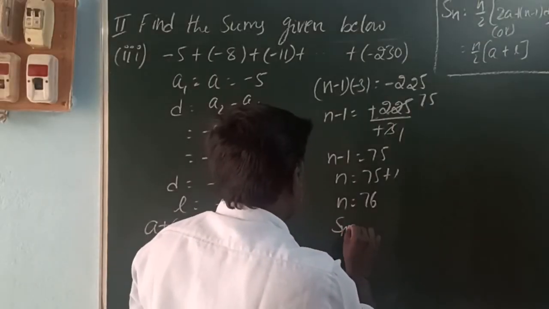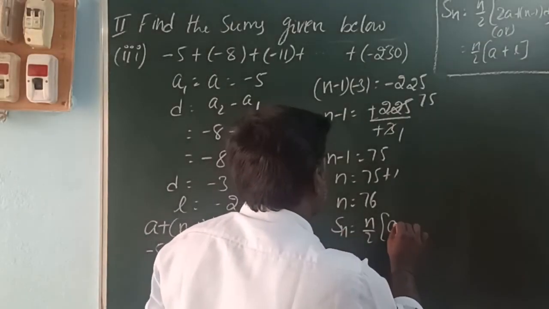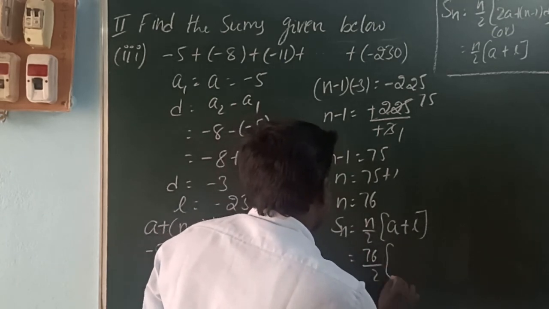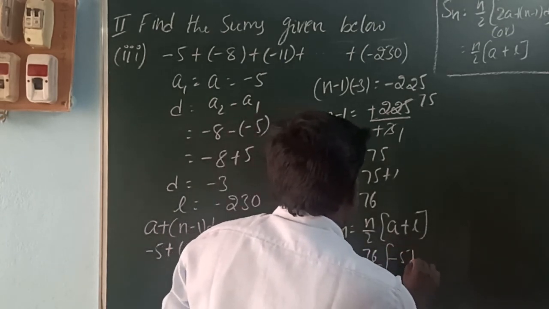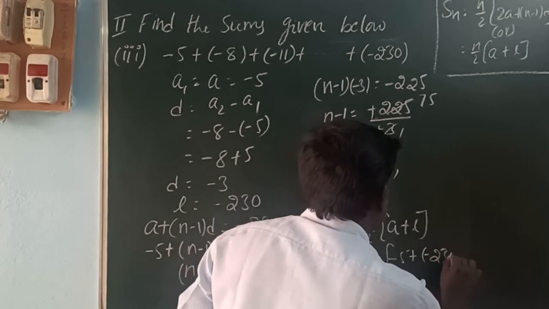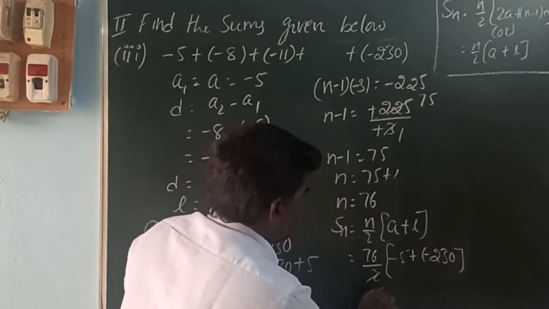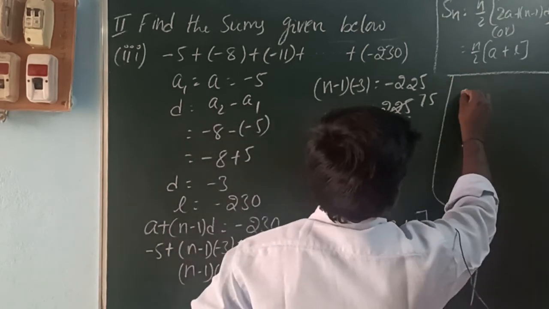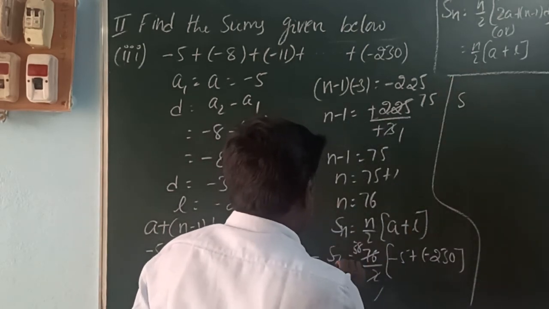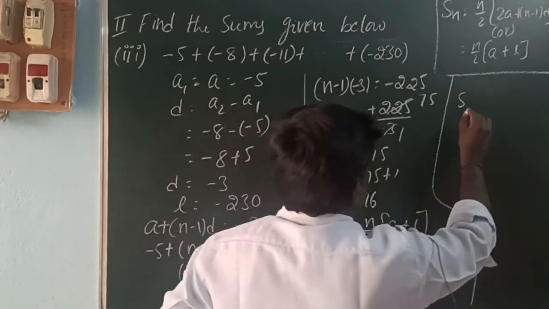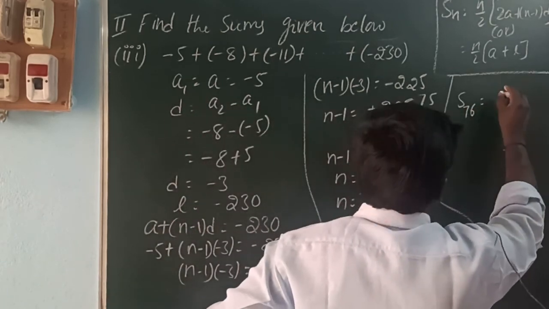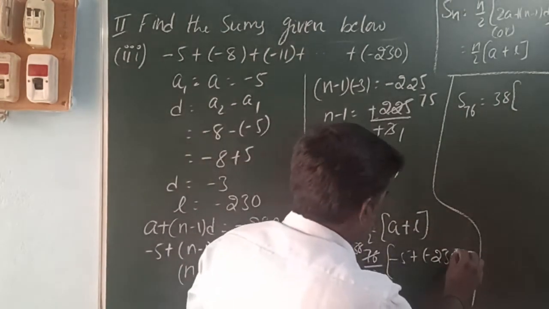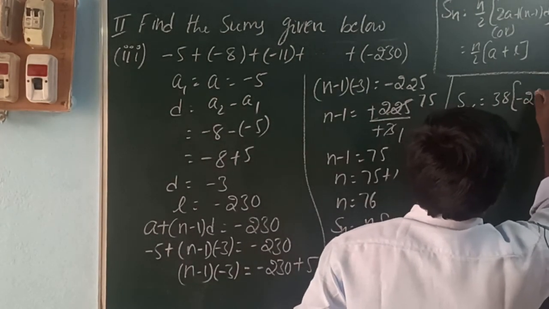They are asking for the sum of the given AP. So Sn is equal to n by 2 of (a plus l). Here n is 76 by 2, a is minus 5, l is minus 230. 2 ones are 2, 2 thirty-eights are 76. So S76 is equal to 38 into (minus 5 plus minus 230), that is minus 235.